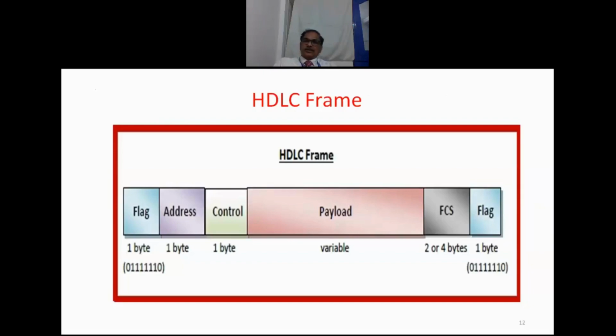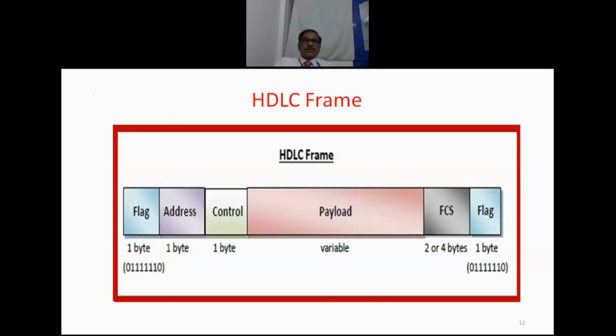But later we will come across other frame formats like the Ethernet frame format, where two addresses are available in the frame. A frame will have two addresses. One is the sender address, the other is the receiver address. Source address, destination address. Both these addresses are available in that.